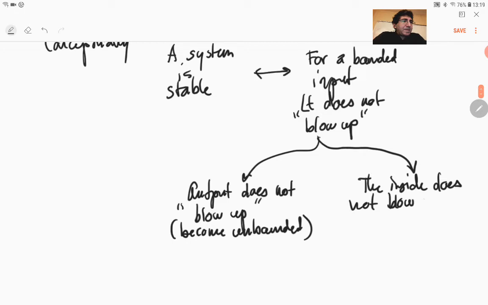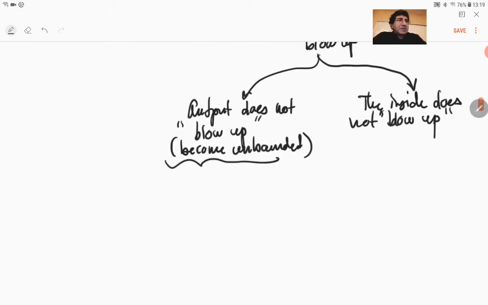Okay, so why do we make such a distinction? Because we will discuss in a minute cases where in fact the output of the system may appear bounded, but the inside of the system may become unbounded. Okay, now this one would usually mean what we call the input-output stability.